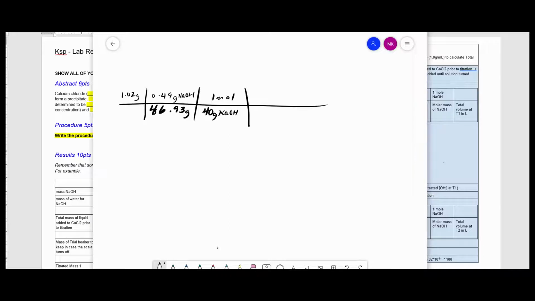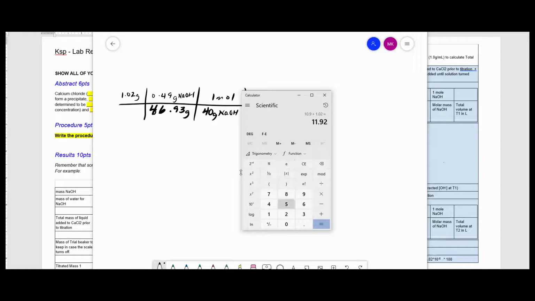But now I use the total volume, 0.01192 liters, in order to find the molarity of my hydroxide.